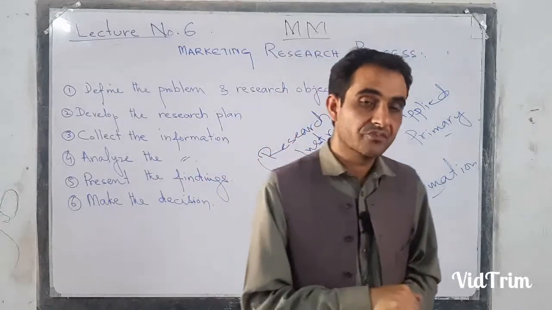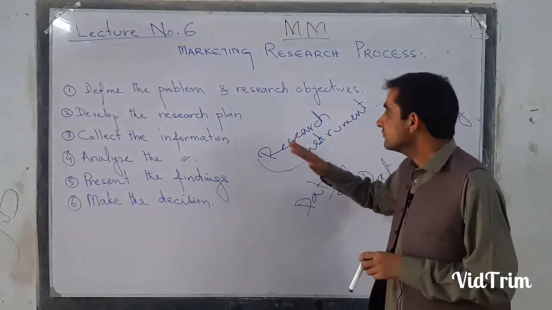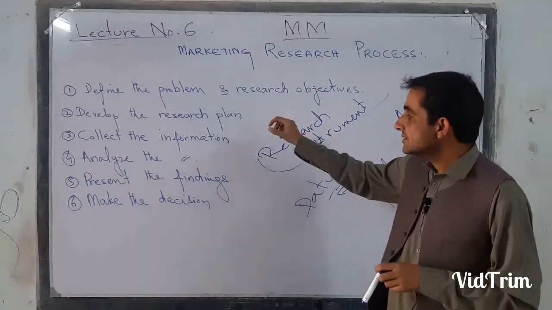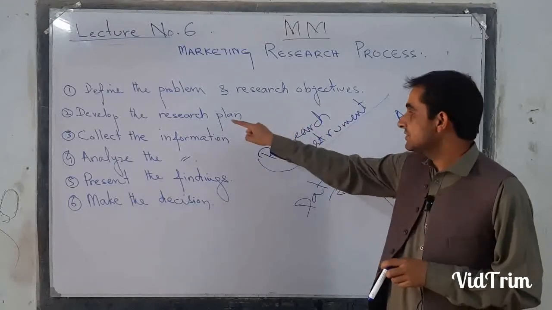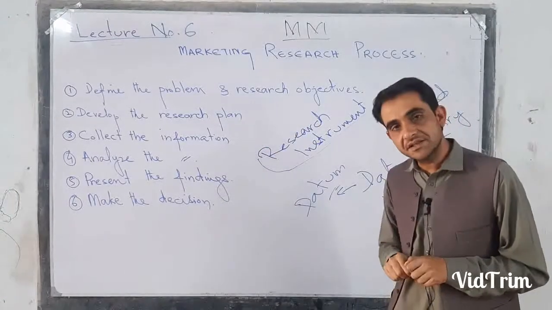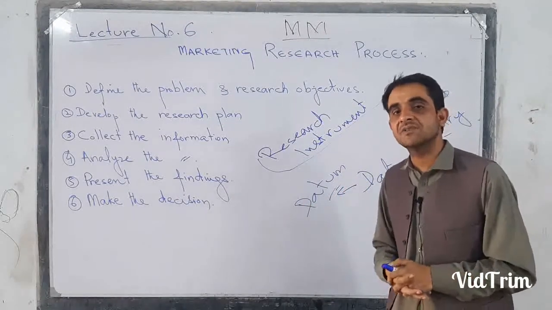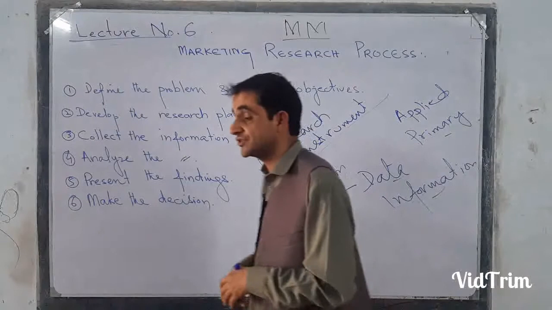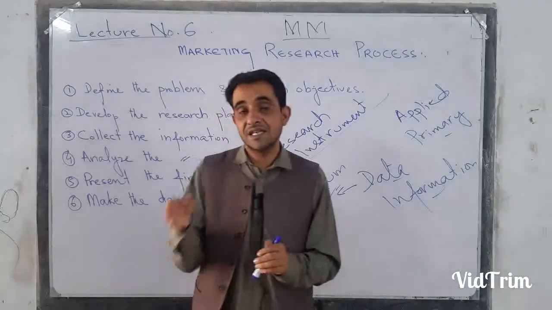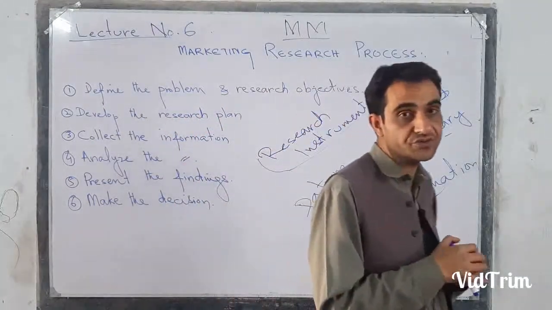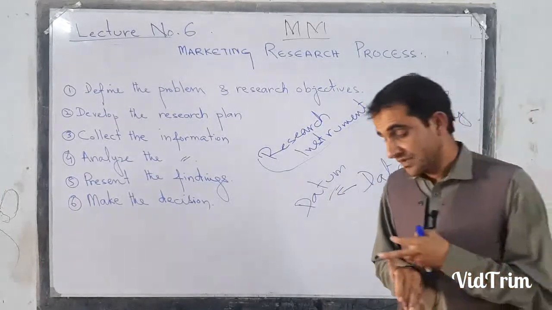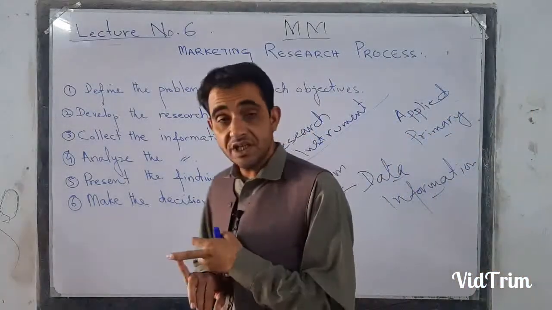This is part B of the develop the research plan stage, in which we are talking about the research instruments. We are making a plan about how to collect the data, what technique we should use, whether we should use a questionnaire.